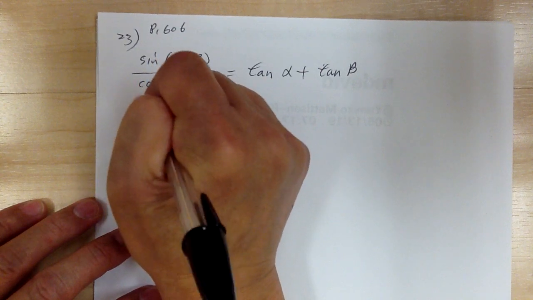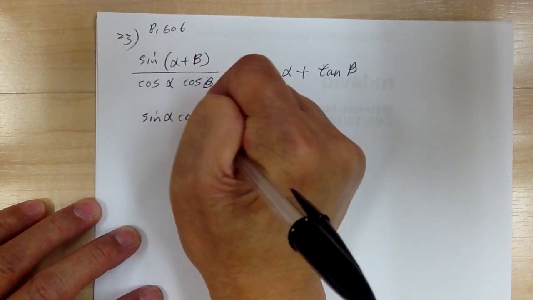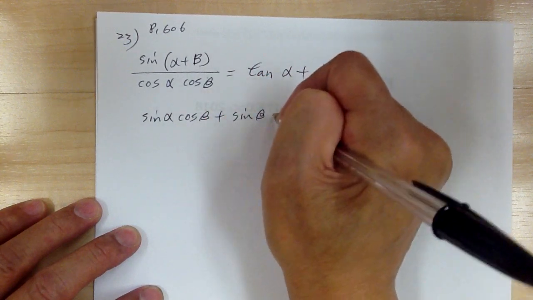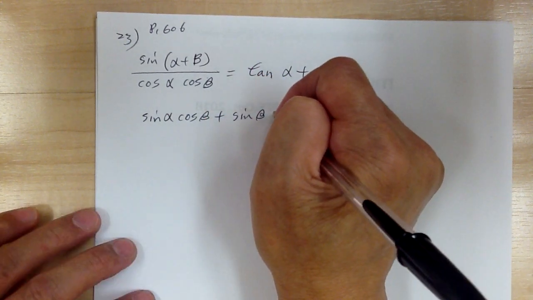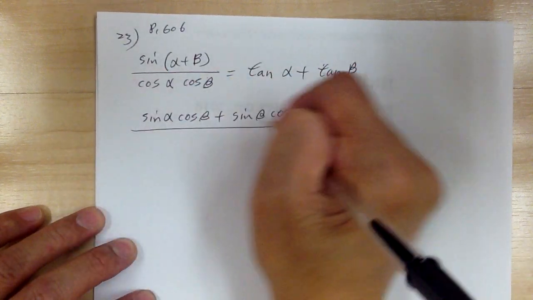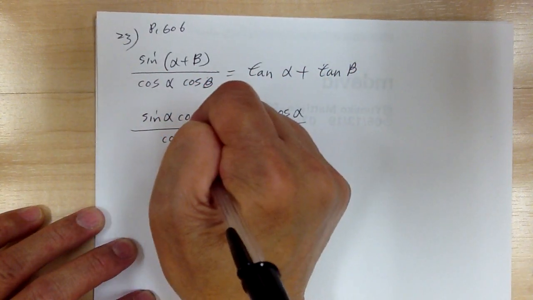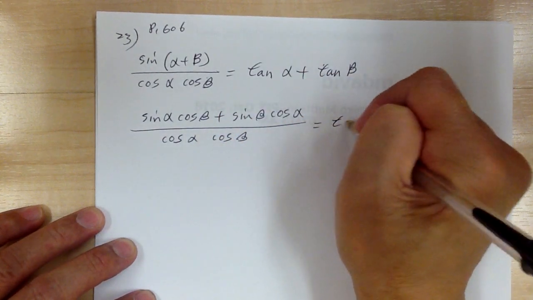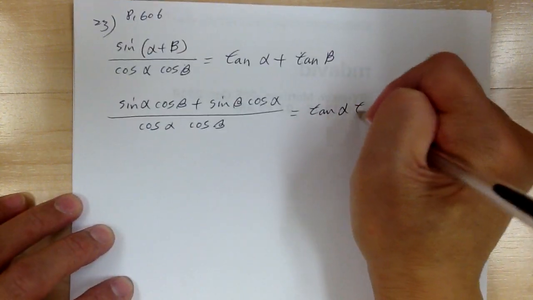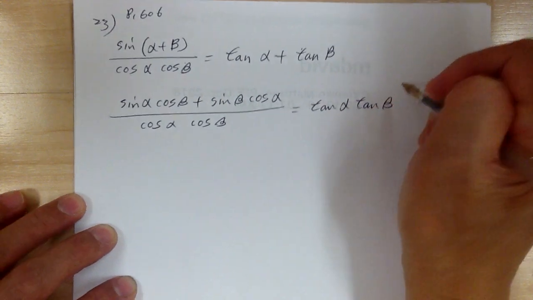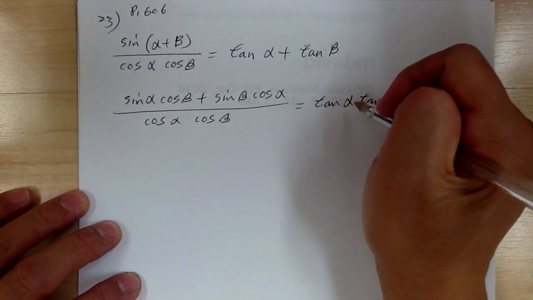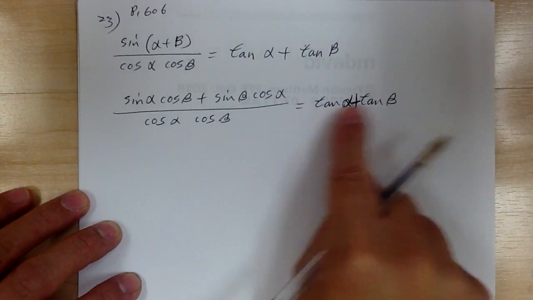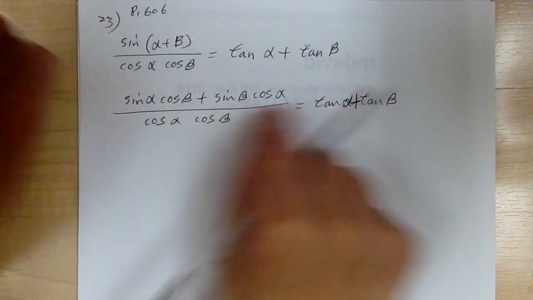So you're going to get sine alpha cosine beta plus sine beta cosine alpha over cosine alpha cosine beta equal to tangent alpha plus tangent beta. Now notice there are two terms over here. So what you want to do is separate the two parts.